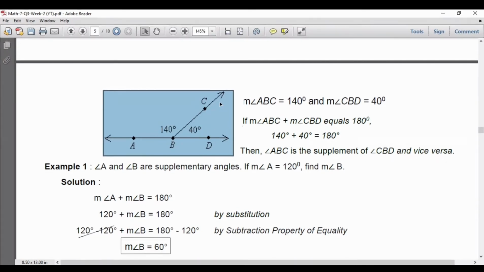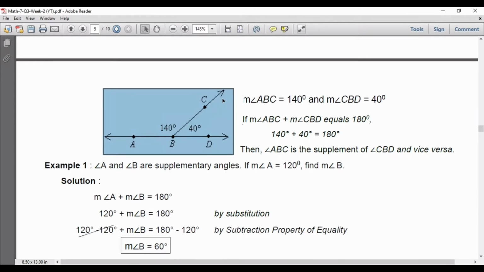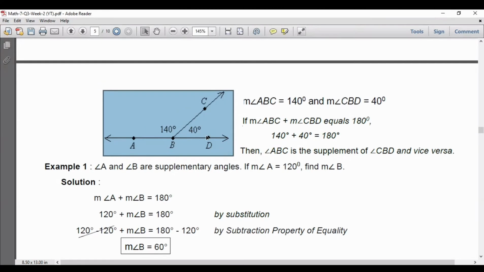Then, do they have common interior points? No. The interior points of angle CBD are in this area, whereas the interior points of angle ABC are in this area. So wala silang common interior points. So ano ngayon ang magiging generalization natin?